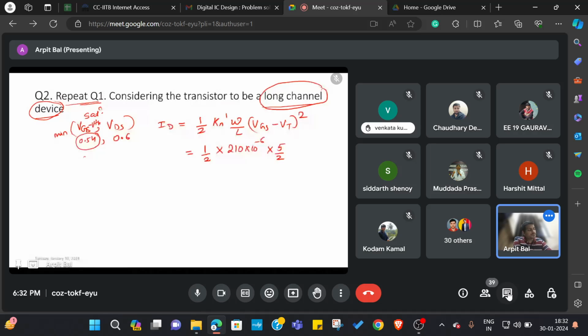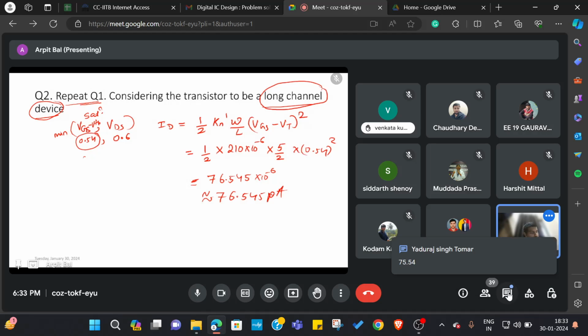Yeah. So did anyone try to calculate this? This is roughly 76.545 microamps, right? $75.54.